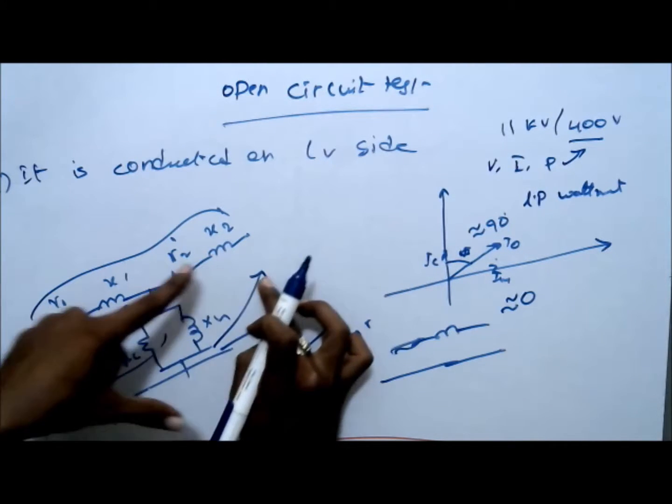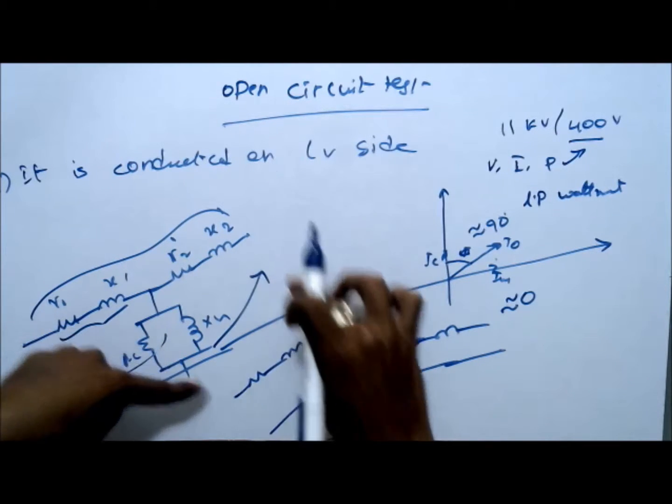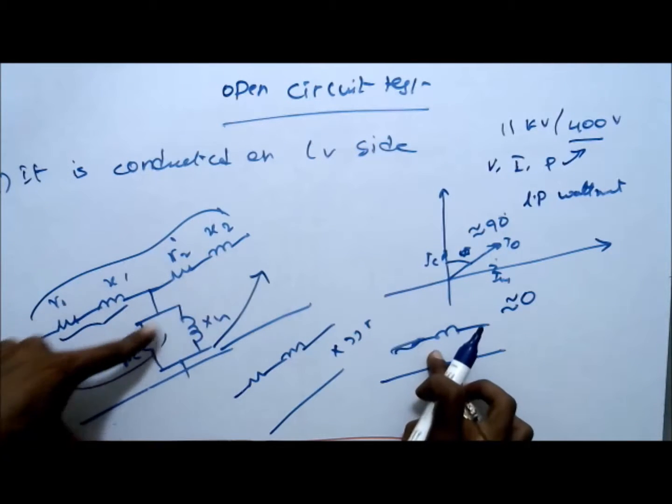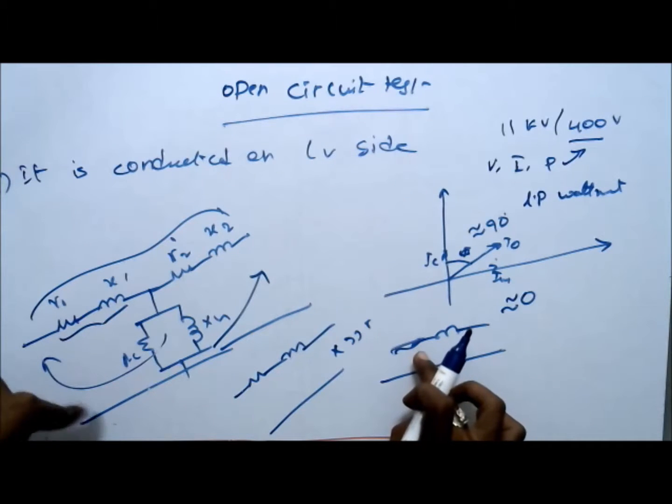So we would have to represent this in the load side, which is not valid for this case. That's why we have to shift the shunt branch parameter to the source side. This is one case.